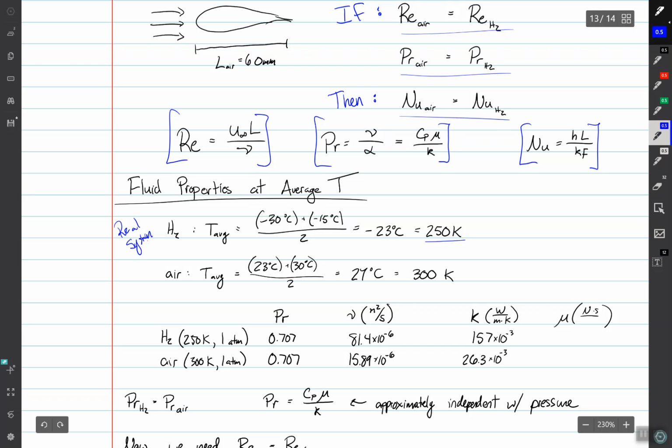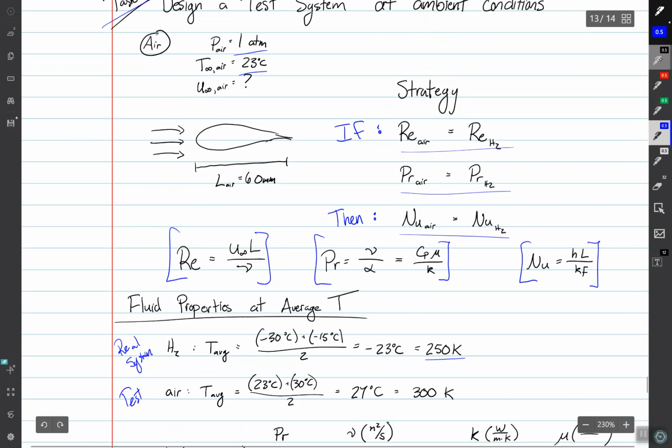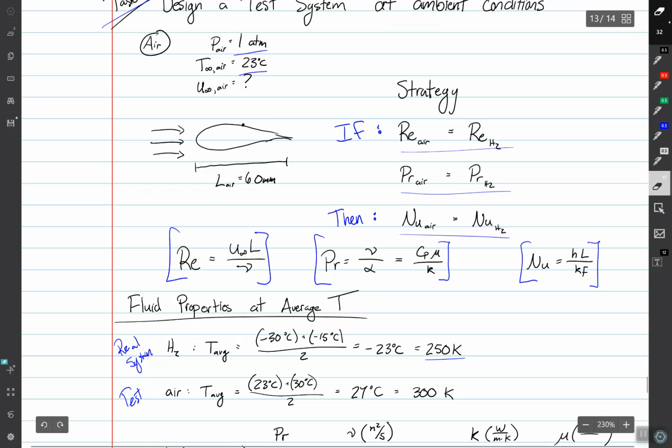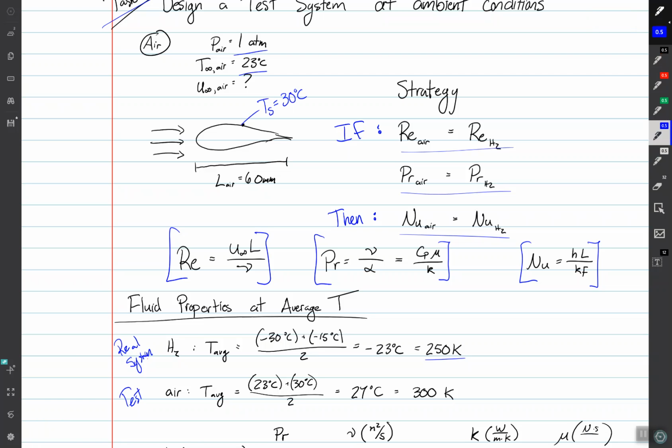In our test system, we measure Ts equals 30 degrees Celsius, and we measure q' for air equal to 50 watts per meter. Measuring heat transfer is typically not terribly difficult.